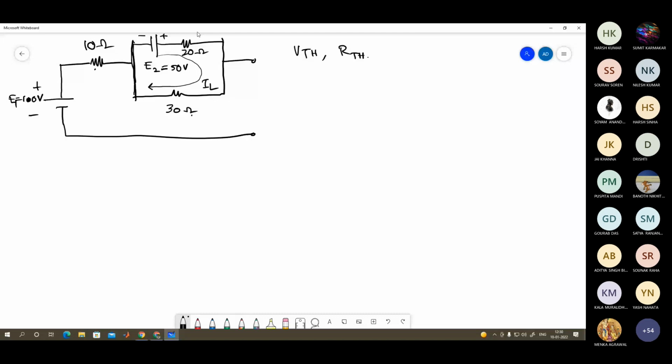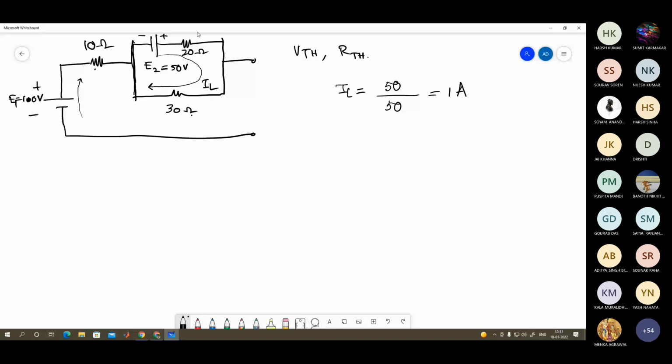Then what is the drop across this path? Here, if you go through, this is minus plus, here again it is minus plus 50, and then this resistance will be counteracting because of this drop, so it will get reduced, right?